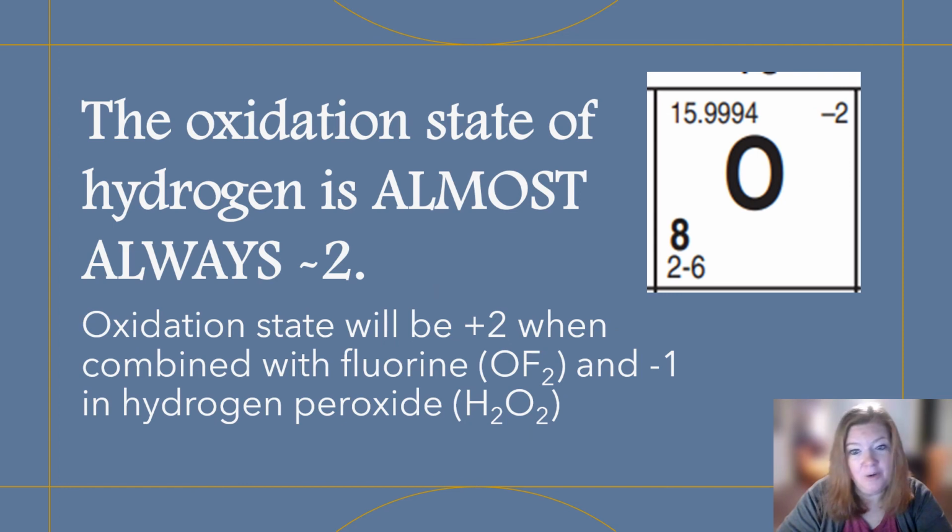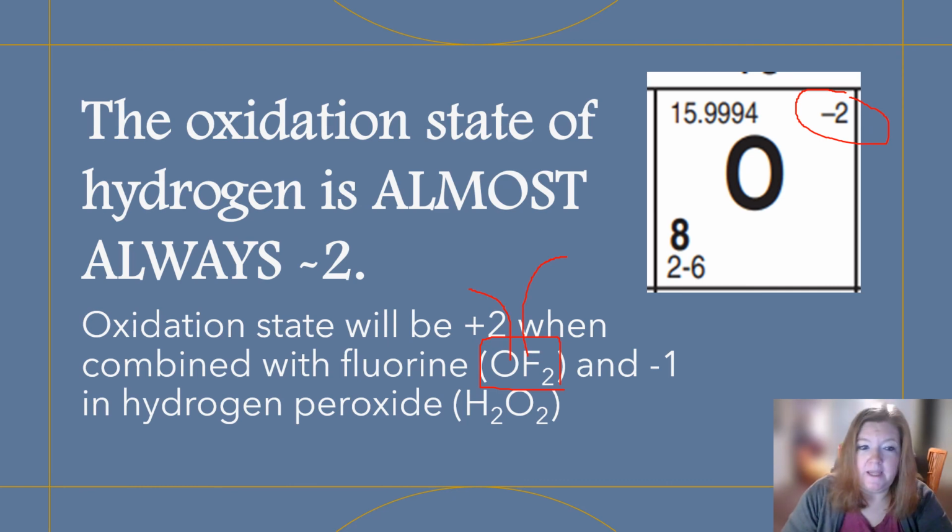And oxygen. It only lists one, -2, which I just think is mean. Unless it's combined with fluorine. But here's how the formula is written. Based on this formula, what do I know? This has to be positive. This has to be negative. So it's going to make oxygen have something that's not here, but that's okay.